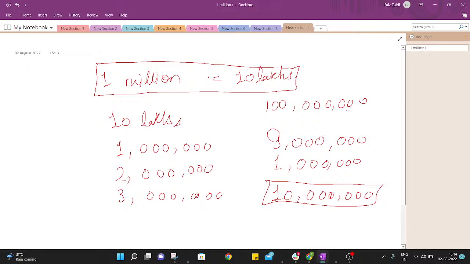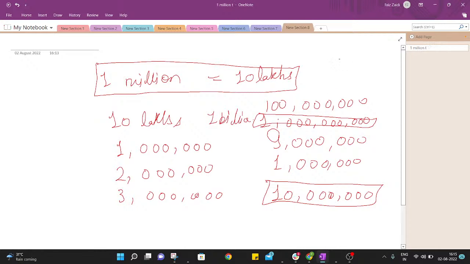Okay, so you know what, this is 100 million, and after that you are going to get 1000 millions, and this is actually 1 billion.